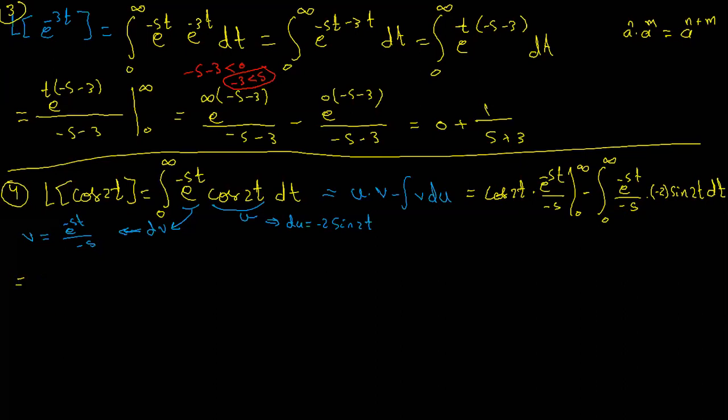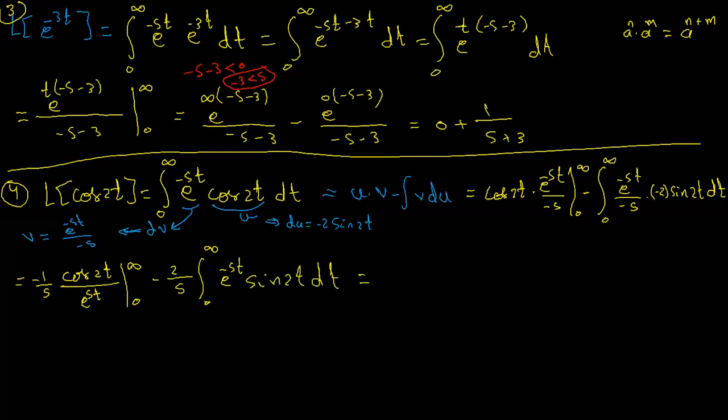So it is negative 1 over s, cosine 2t divided by e to the st, from 0 to infinity. Here, how many minuses do I have? 1, 2, 3, so it's negative. Take 2 out of the integral, and s is also a constant, from 0 to infinity of e to the negative st sine 2t dt.